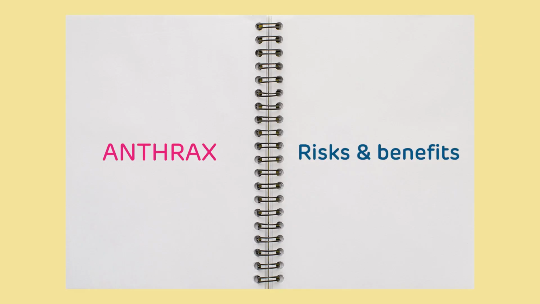Okay, let's finish up with a look at the relative risks and benefits when it comes to anthrax. Today we discussed that this disease is quite rare in the United States, but certain groups like the military, lab workers, and people who work with animals that are likely to be infected with this bacteria are at greater risk.